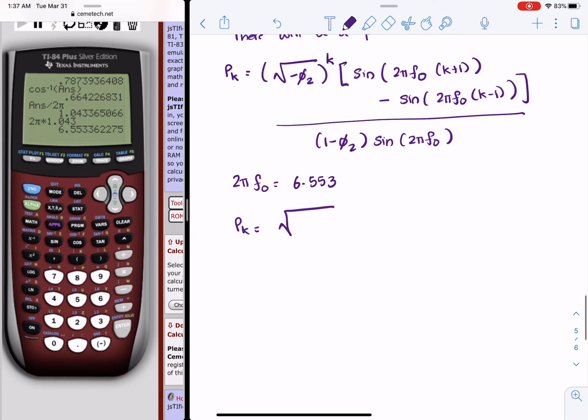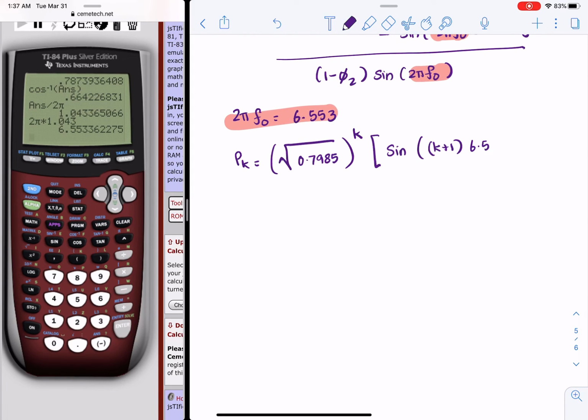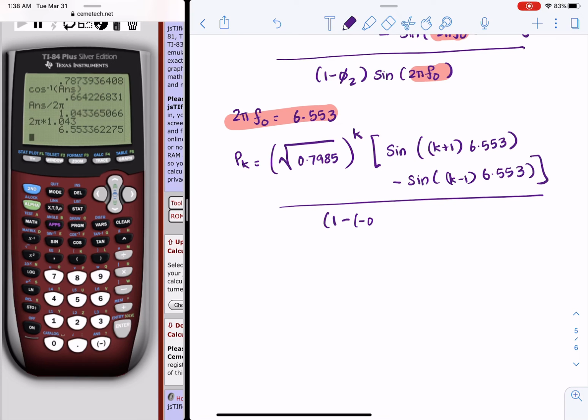And negative of negative would become positive 0.7985 raised k times sine k plus 1 times 2 pi f naught, which is 6.553, minus sine k minus 1 times 6.553, divided by 1 minus v2, which is 1 minus of minus 0.7985, times sine 6.553.